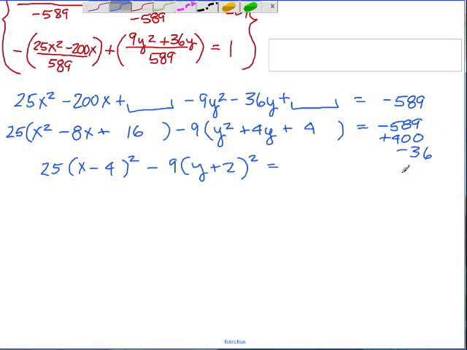I've got a positive 400 and a negative, did I do that right? 6 and 9 is 15, carry 1, is 12, carry 1. So that was a -625, and I'm going to add 400.